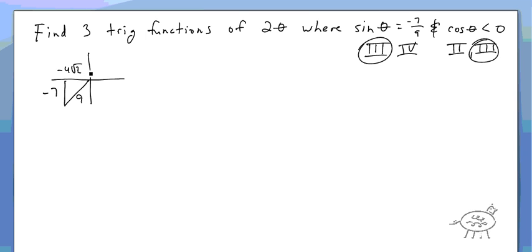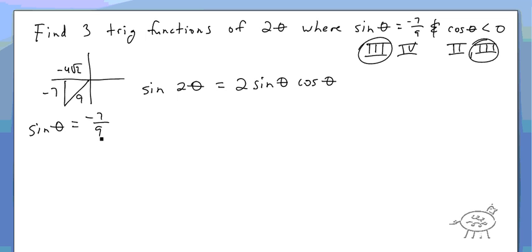Okay, so that's pretty simple. Now I'm going to find sine of 2 theta. Well, it's 2 sine of theta cosine of theta. Sine of theta is given, equal to negative 7 over 9.